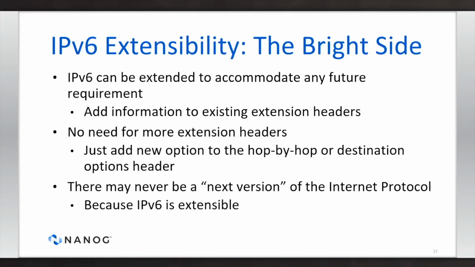And you have a way to get something to either every node along the path, every node in the routing extension header, or the ultimate destination. And because of this, there may never be a next version of the Internet protocol because IPv6 is extensible. So there may never be an IPv15 or whatever's after that.